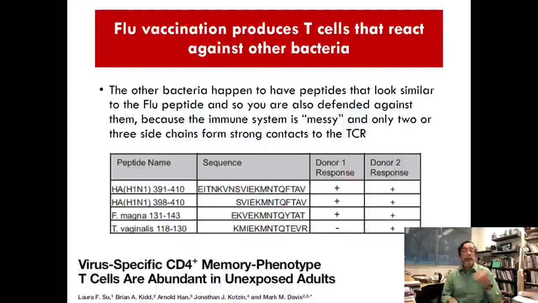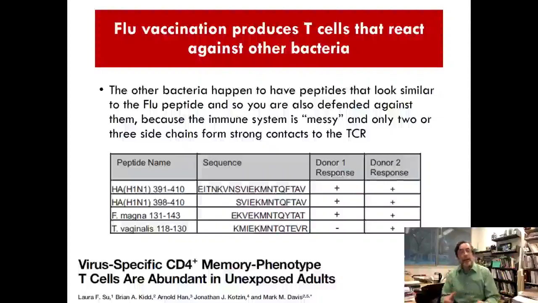Basically, the immune system is deliberately messy, and only 2 or 3 side chains really form strong contacts to the TCR. There are other ones that can be kind of medium contacts, but let's say that half of the side chains can even point up to the TCR. And so that means that it's pretty easy for the peptides to accidentally get KMNTQ. There's only so many letters in the alphabet.